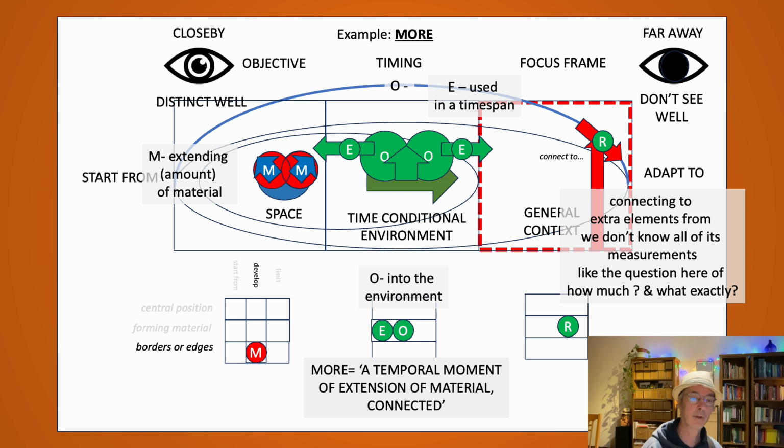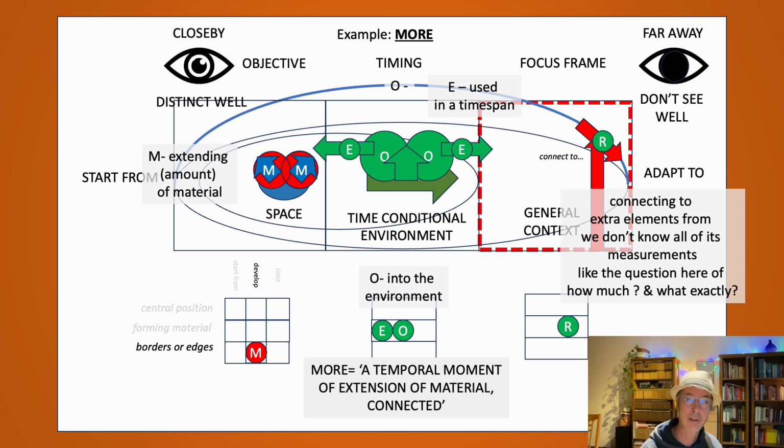So what do we fill in? The last letter is an E. So the E is during a certain time. So what is more? It is, of course, that temporal moment in the end of what was an extension of material, what I have now connected, what I made a connection to in a certain small lifespan.